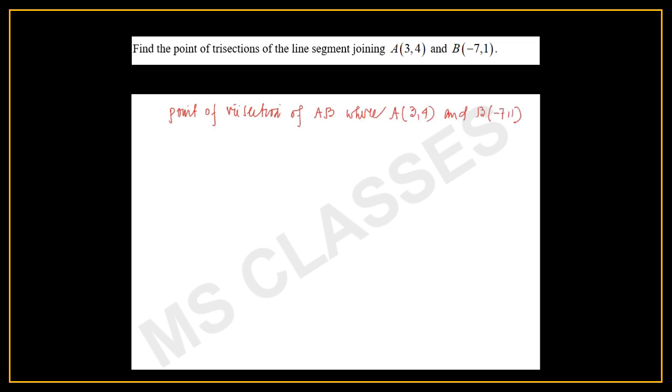So here, if we apply the formula, twice x1, that is 2 into 3 plus x2, that is -7, by 3, comma, twice y1, that is 2 into 4 plus y2 by 3. This is one point of trisection.